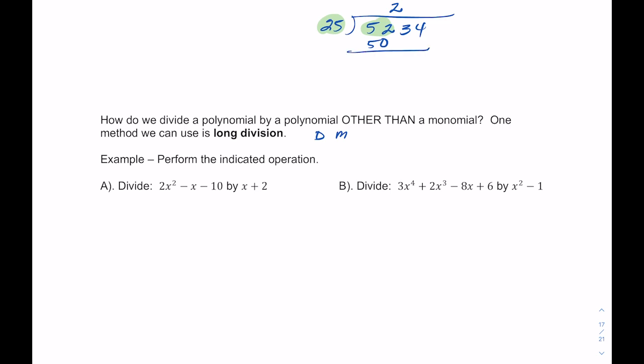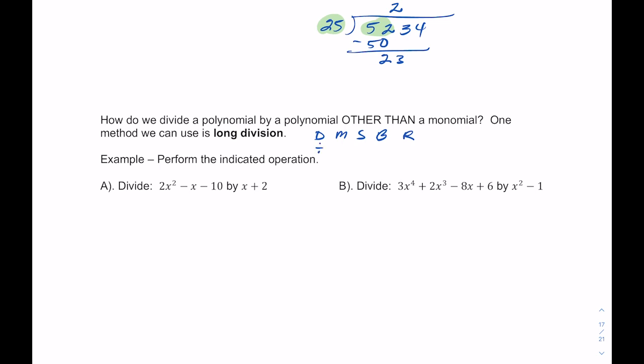And then my next step, after I multiply, is to subtract. I want to subtract these. And when I subtract 52 minus 50, I get 2. And my next step is to bring down. So I'm going to bring down the 3. And then repeat. So you start the process all over again.